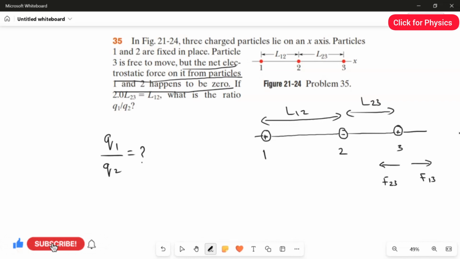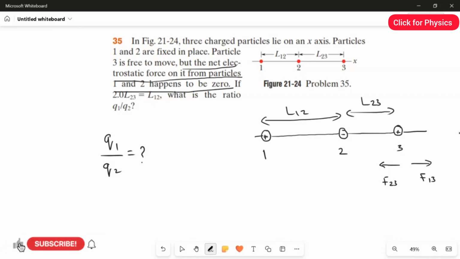Then you can see the arrow marks, right hand side and left hand side, have the same magnitude. So the net electrostatic force of 1 and 2 on 3 should be equal to 0. Clear? But in the question they did not mention positive, negative, positive. This is just for explanation purposes. So when the net electrostatic force is equal to 0, you have to get a diagram like this.